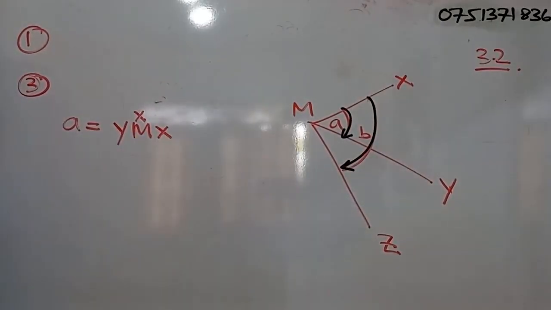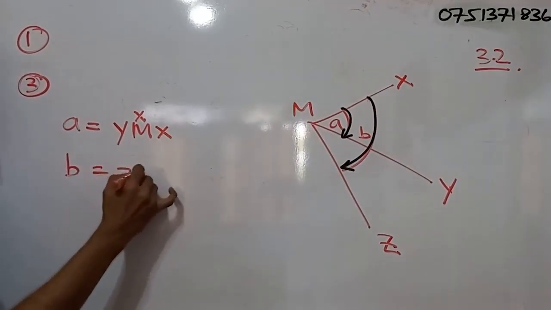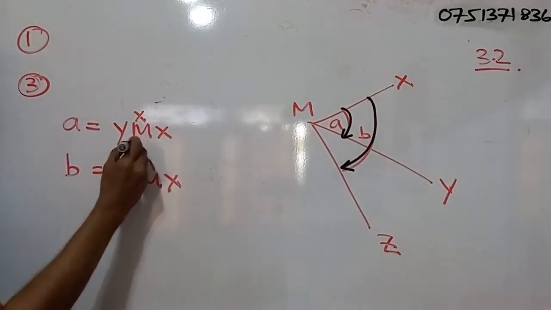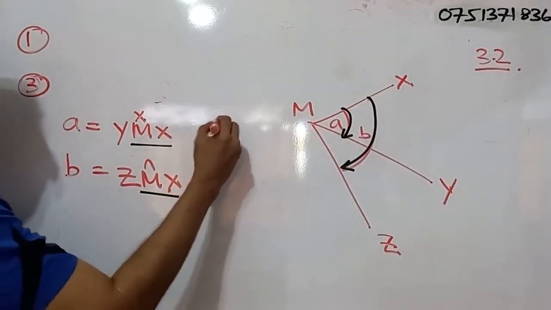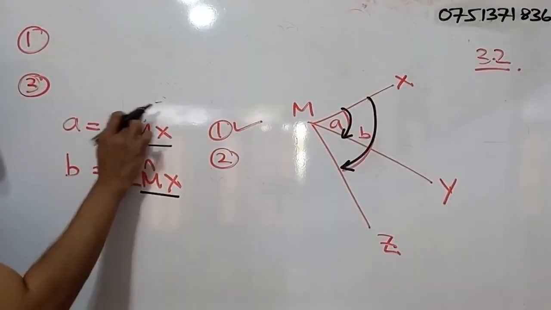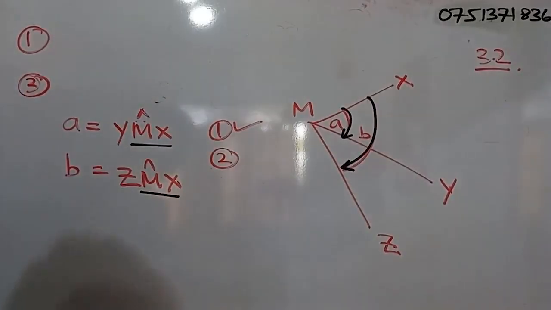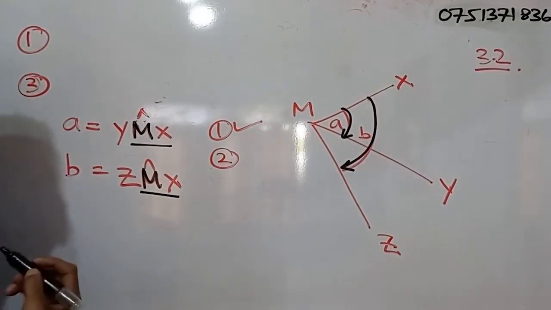YMX. What is angle B? ZMX. ZMX. MX. MX. So we have a common arm. Criteria 1 is there. Criteria 2. Common vertex. Right? Common vertex. M. So M, that is a common vertex.